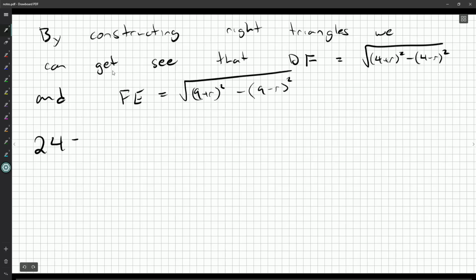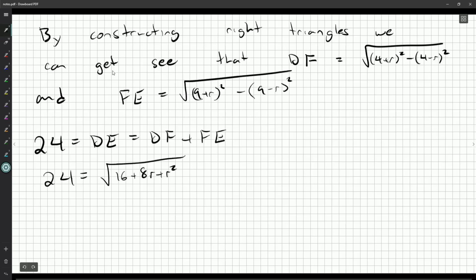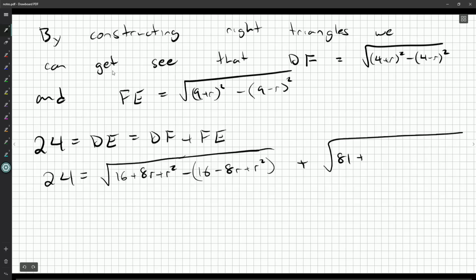Okay, so 24 is DE, which is DF plus FE. So 24 is the square root, I can expand this out, of 16 plus 8R plus R squared minus 16 minus 8R plus R squared, plus the square root of 81 plus 18R plus R squared minus 81 minus 18R plus R squared.